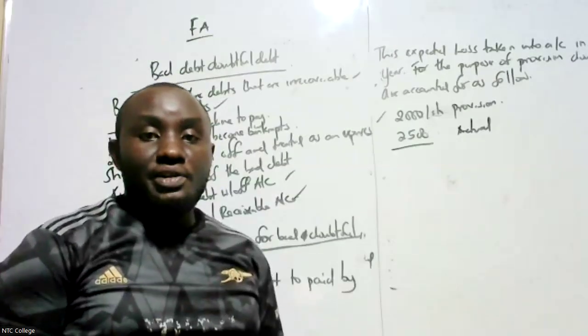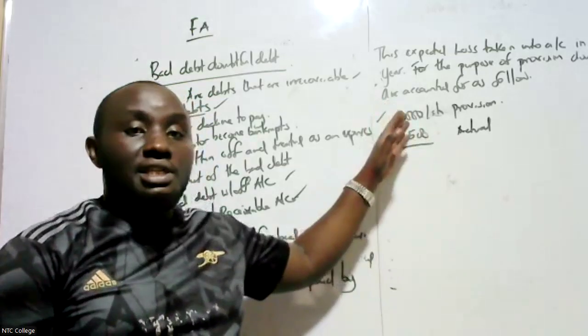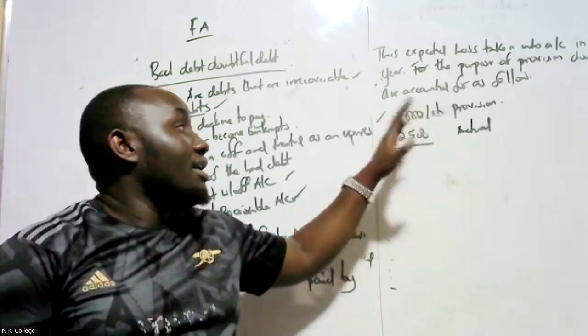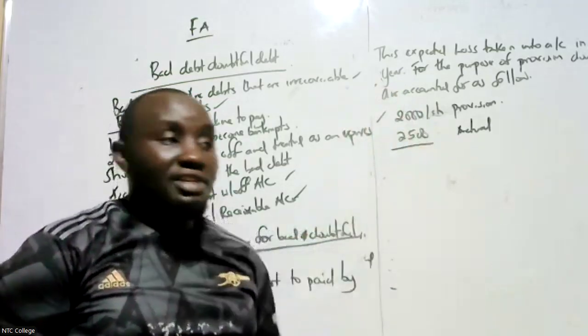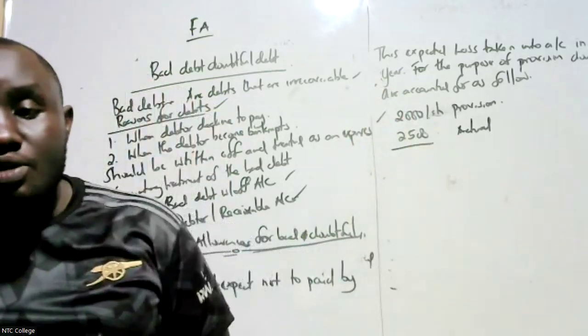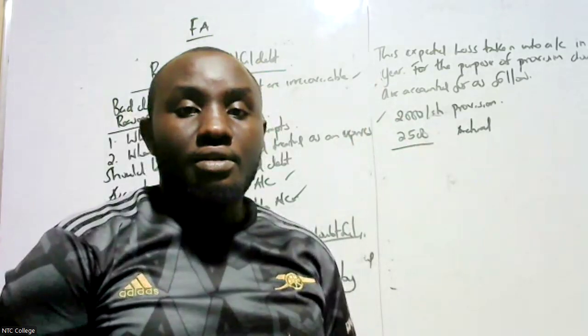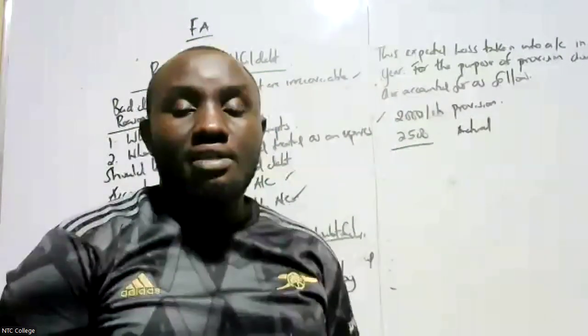What happens in that increase in provision? We provided that 2,000 is not likely to be paid, but at the end of the year, the actual bad and doubtful debt is 2,500. So what happens?